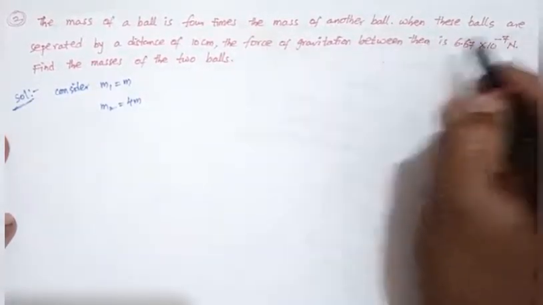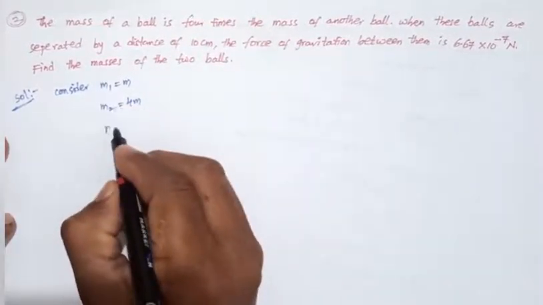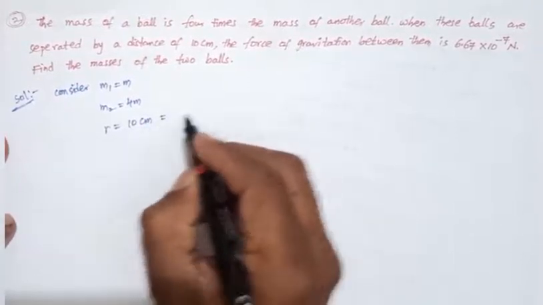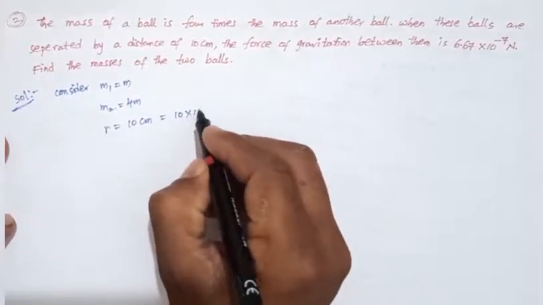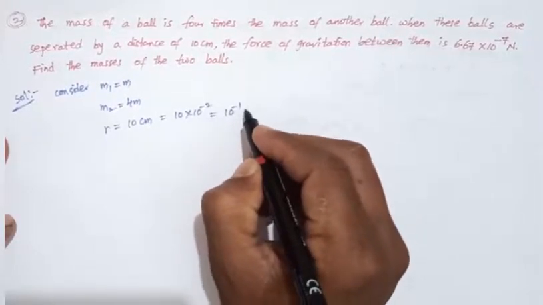When these balls are separated by a distance of 10 centimeters, here r equals 10 centimeters, converted to meters, 10 into 10 to the power of minus 2, that equals 10 power minus 1 meter.